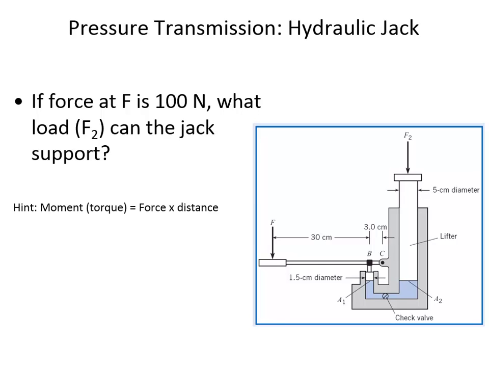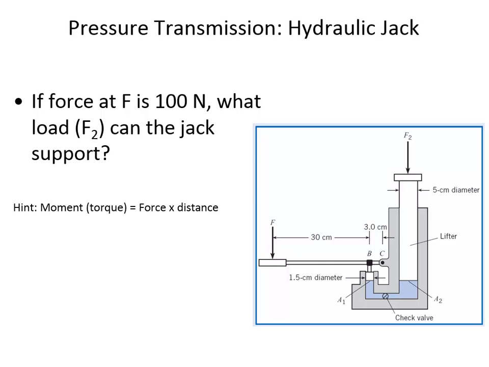So now I want to find out what is the force acting upward, and I'm going to use the pressure that's acting on surface A2 in order to do that. Okay, so we know that the pressure acting at location A2 is 6,225,000 newtons per meter squared, and then the area at 2 is going to be pi d squared, where it's 5 centimeters, so the diameter is 0.05 meters, squared, divided by 4.